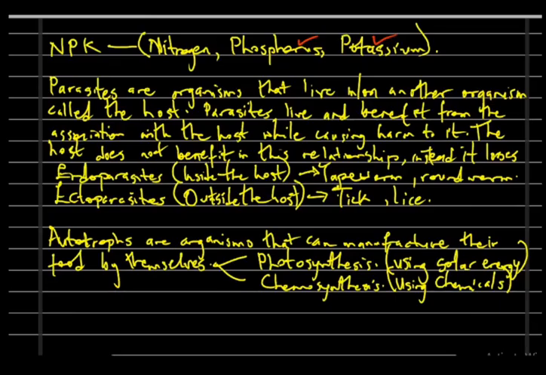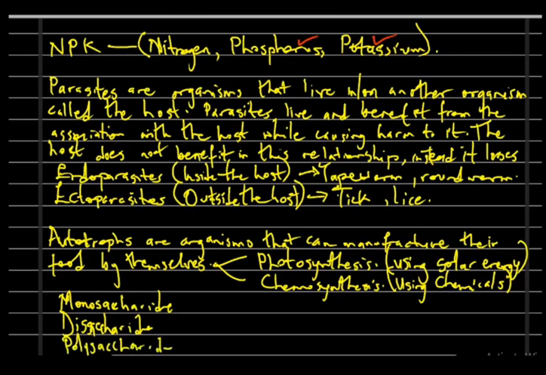We have three types of sugar. We have the monosaccharide, we have the disaccharide, and we have the polysaccharide.